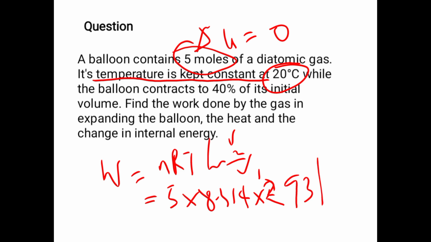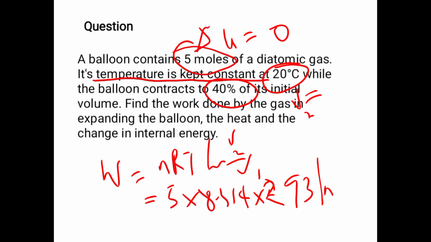Then ln V2 over V1. Now the contraction is by 40%. When you say it decreases by 40%, what does that mean?